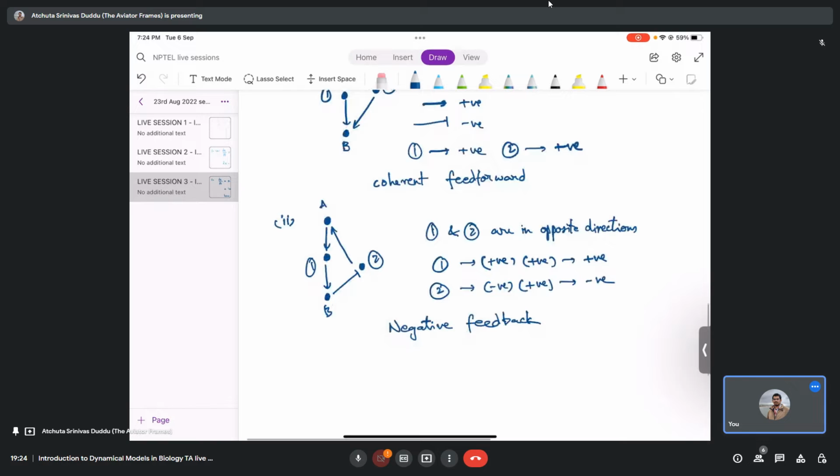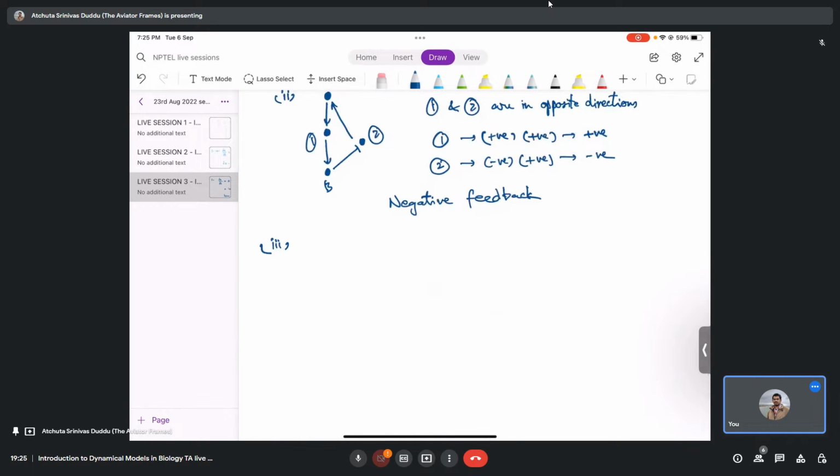For a feed forward, you say coherent and incoherent if the signs are the same or different, and for a feedback, you say either positive or negative for the different signs, right? If we go to the third motif now, we have 1 and 2 in the same direction.